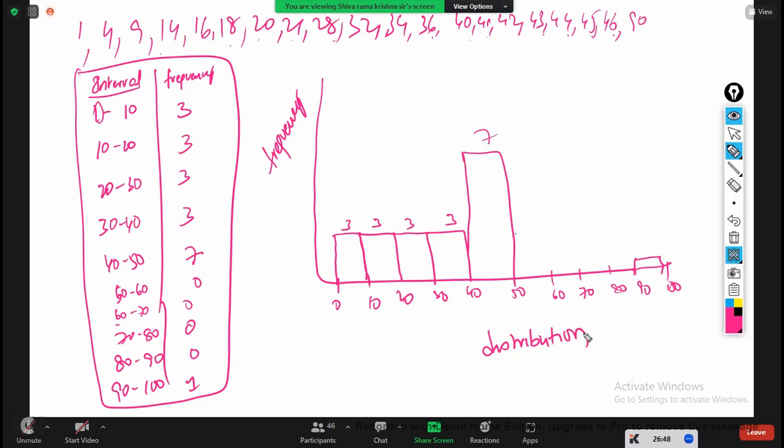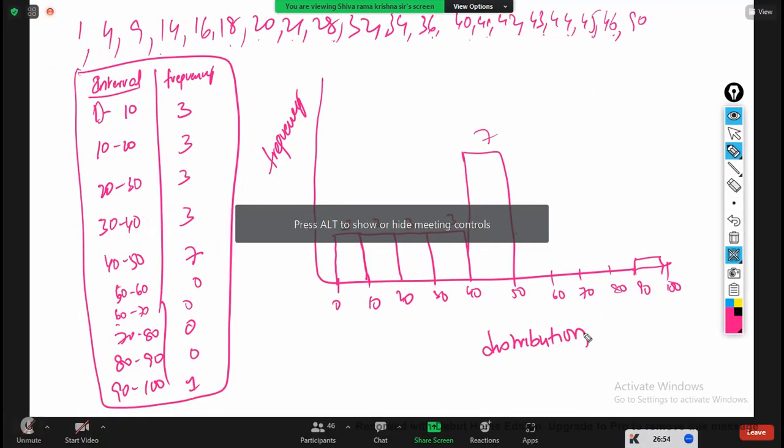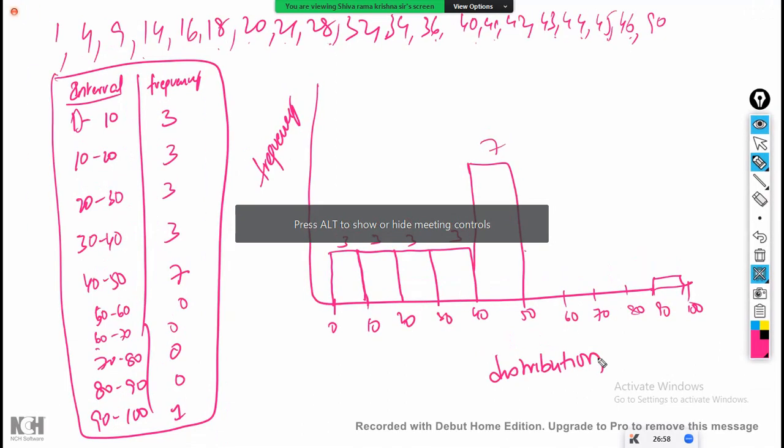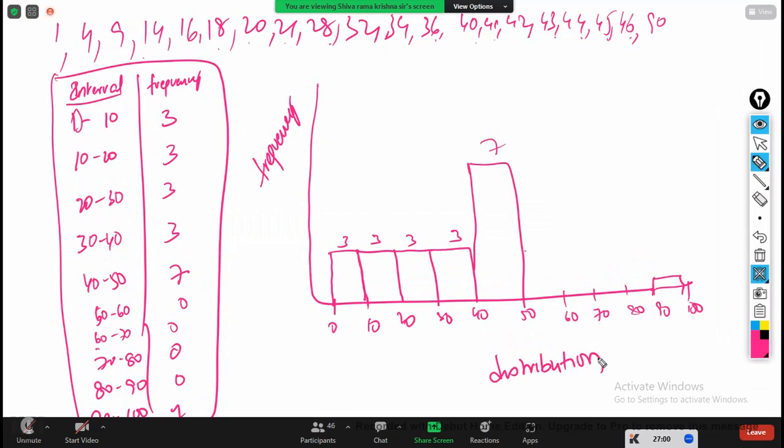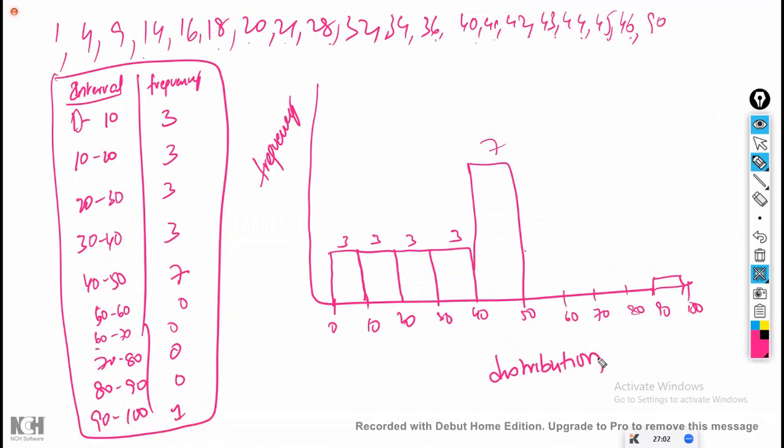For a continuous variable, we have to take an interval and the bars should be attached to each other. Whereas for a discrete variable, each of them is independent of the others. There is no interval; we take them individually. Second, in a discrete variable, the bars are not attached to each other, but here each bar is attached to the next.